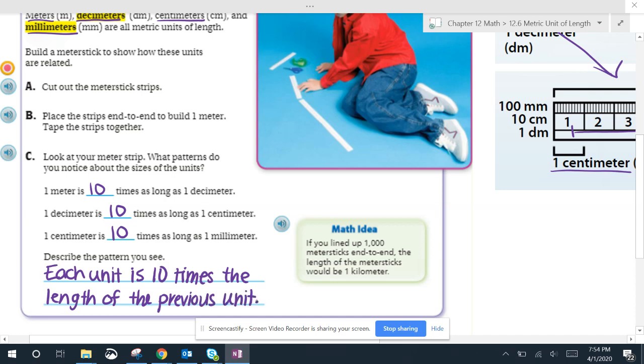All of them follow that same pattern. So rather than having to remember there are 12 inches in a foot and 3 feet in a yard, etc., we just know that each one is 10 times larger.